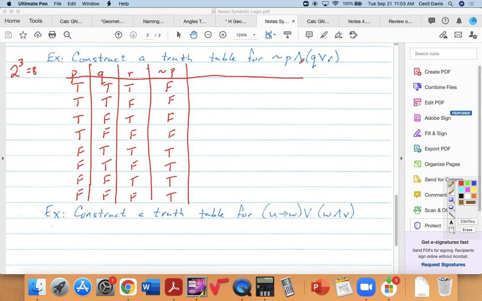And then I want to have a conjunction of that with Q or R. So just like with order of operations, I've got to do what's inside the parentheses before I can combine it with the not P. So I need to do a column for Q or R.